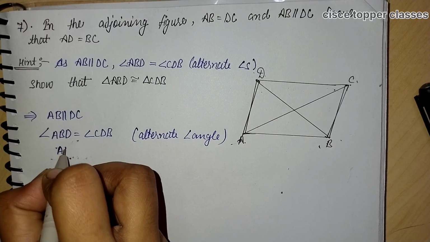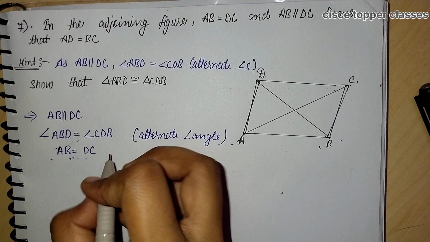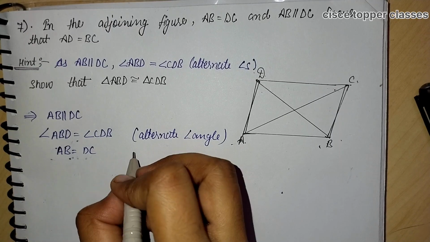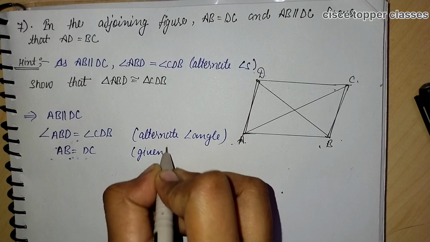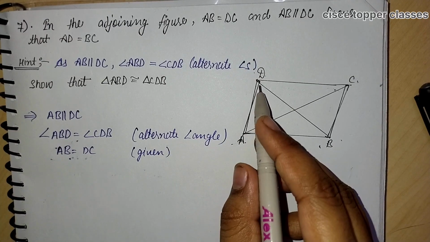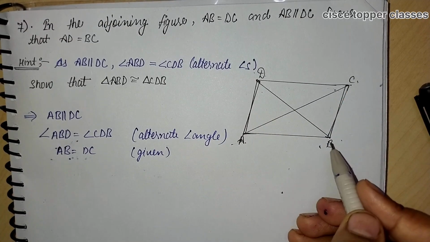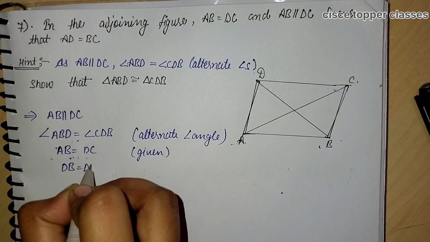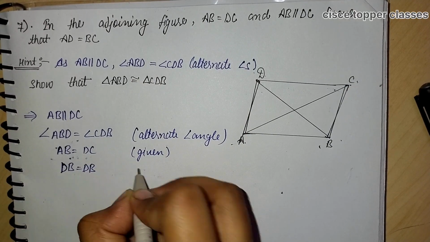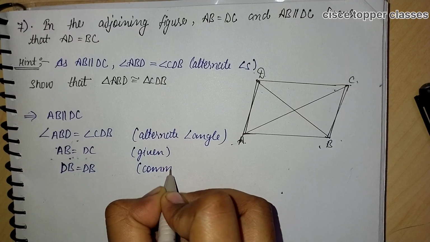And here the given information is AB is equal to DC. So this is given information. And ABD and CDB have a common side DB. So DB is equal to DB, which is common here. So this is the common line.